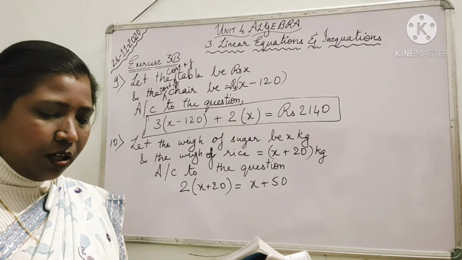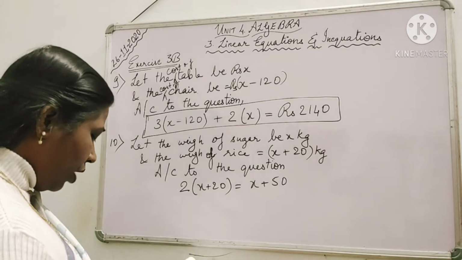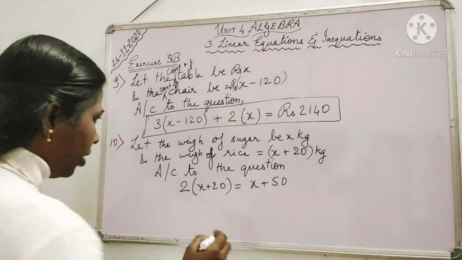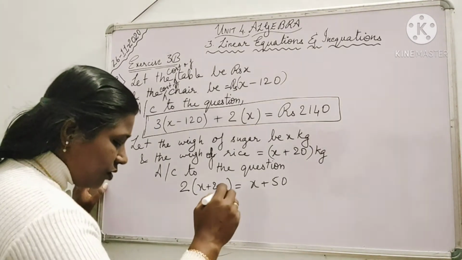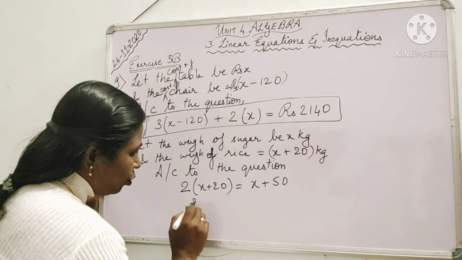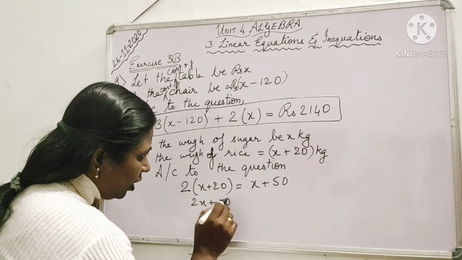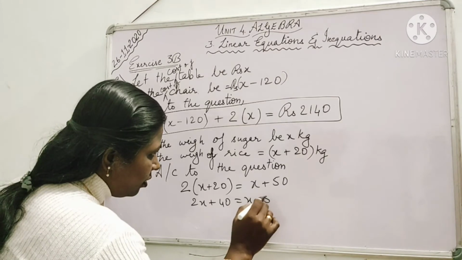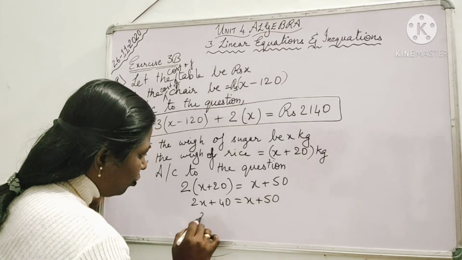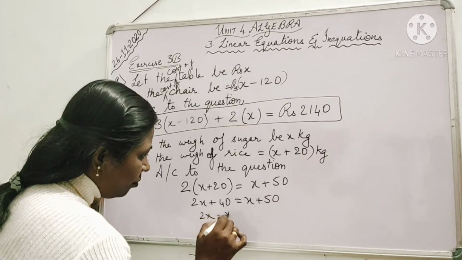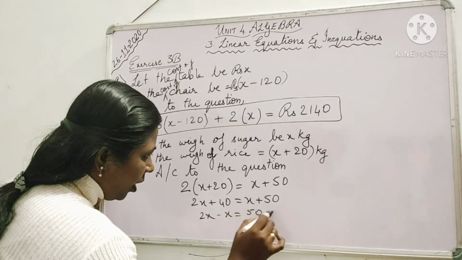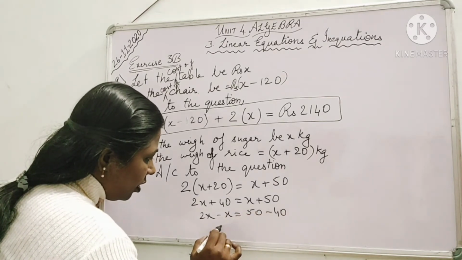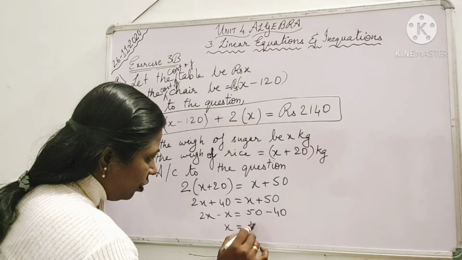Okay, students. Now how can you find the weight of the rice? You can solve this equation. You will get 2x plus 40 is equal to x plus 50. Then x comes this side, 2x minus x, 50 minus 40, so we get x is equal to 10.